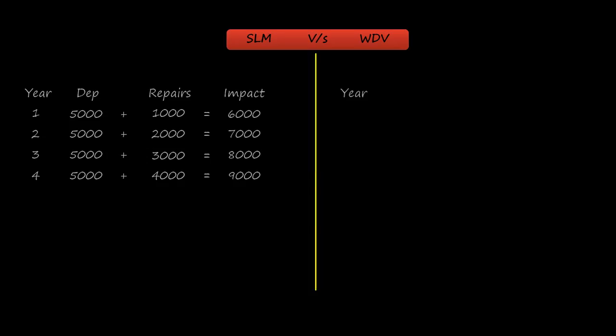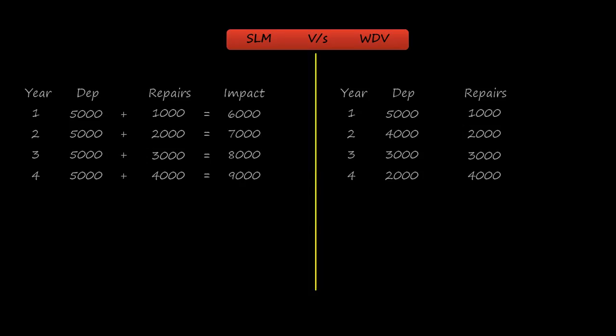Whereas under the WDV method, we learned that the amount of depreciation keeps on decreasing. So let's say the first year depreciation was 5,000, then 4,000, then 3,000 and then 2,000. But the amount of repairs will keep on increasing as the asset gets older. So 1,000, 2,000, 3,000 and 4,000. Now let us check the overall impact of depreciation plus repairs on the profit and loss account.